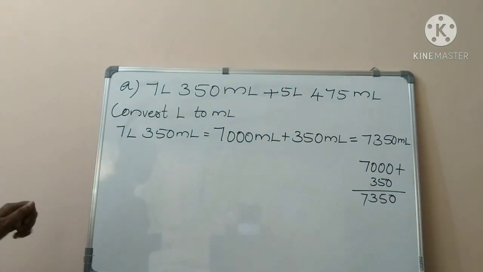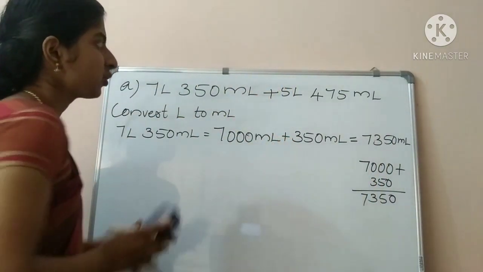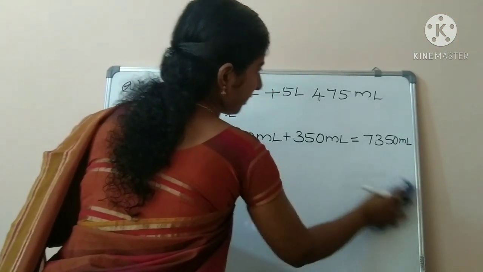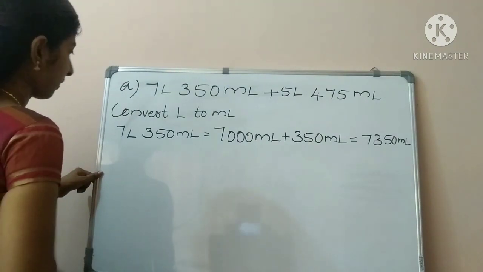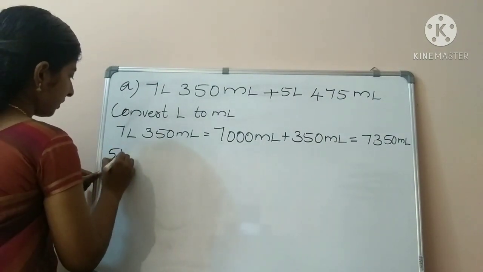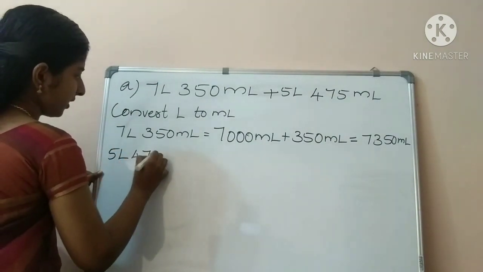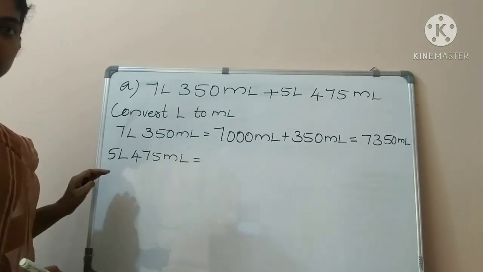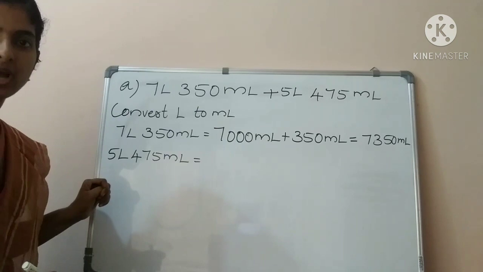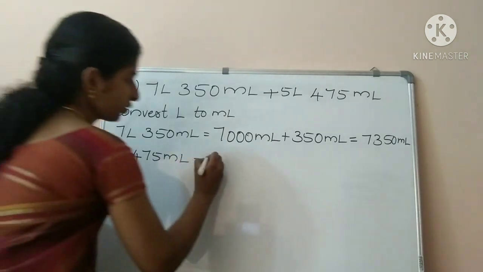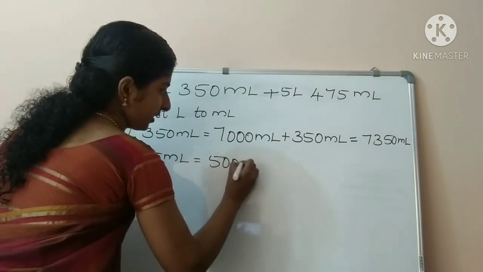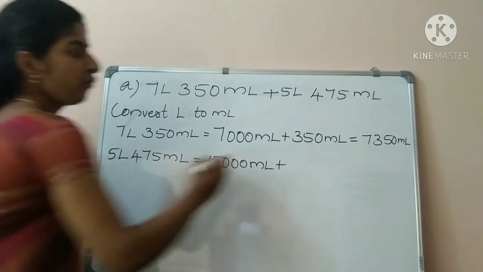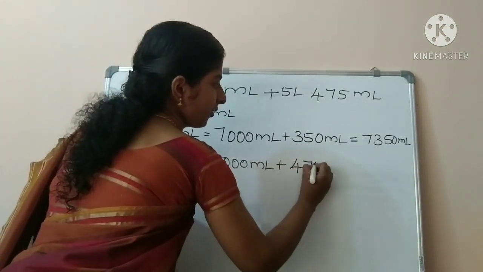Then the next term, that is 5 liter 475 milliliter, is equal to 5 liter. How many milliliter? Yes, 5000 milliliter plus 475 milliliter.